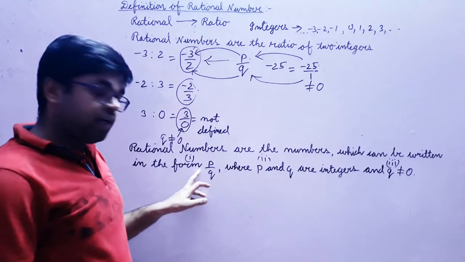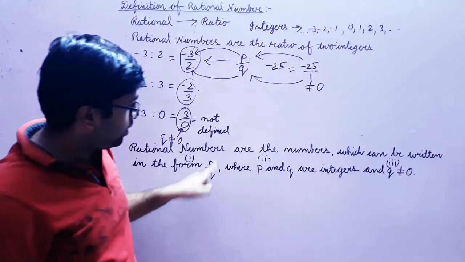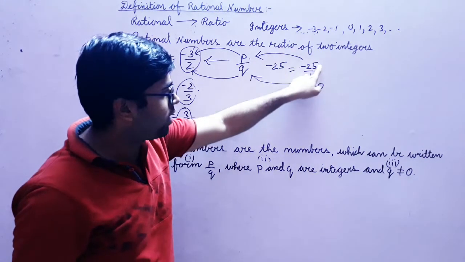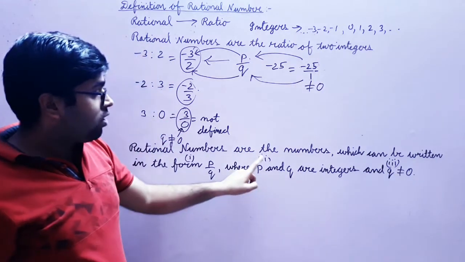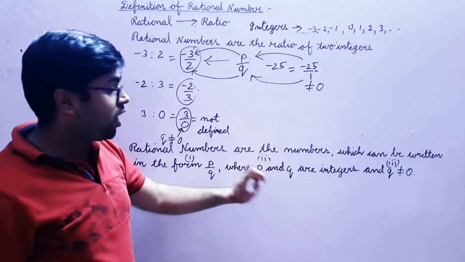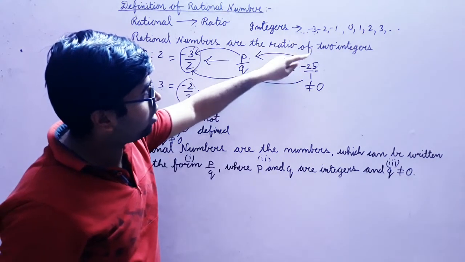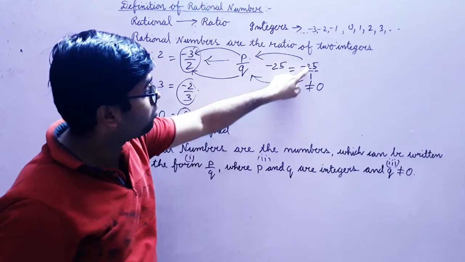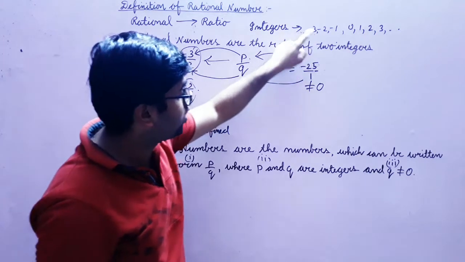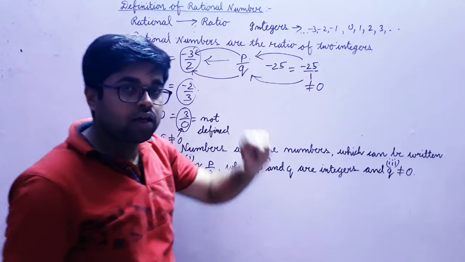So what we see over here is the first condition satisfied. Can -25 be written in the form p by q? Yes, -25 can be written in the form p by q as -25 by 1. Is the second condition satisfied? Are p and q integers? Yes, the number written upside, -25, is an integer, and the number written downside, q, that is 1, is an integer.